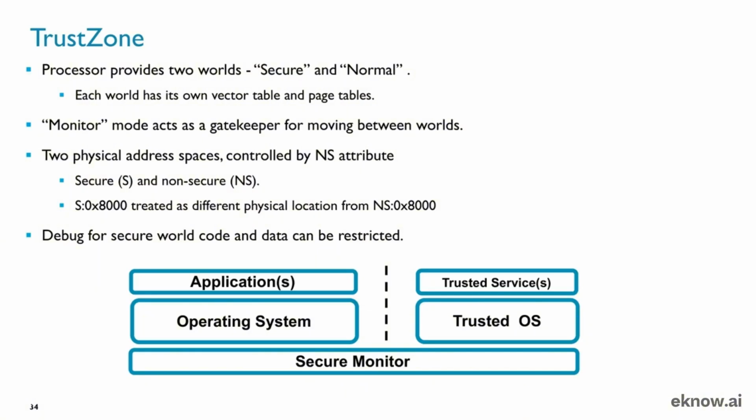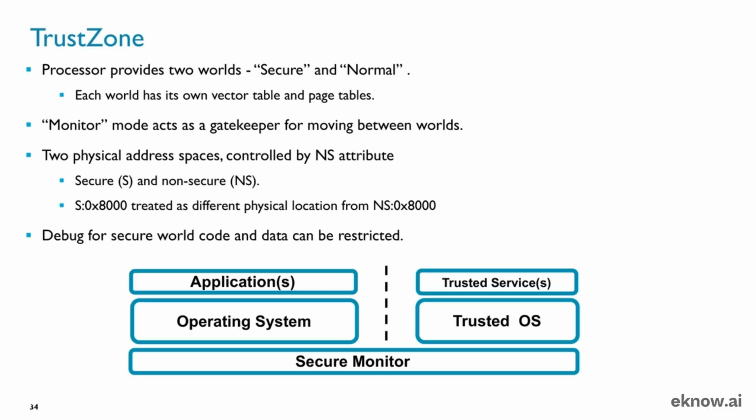This isolation is enforced at the hardware level using a special NS attribute, or non-secure bit. Every transaction on the system bus, every memory access, is tagged as either secure or non-secure. The memory system then checks this tag. If the processor is running in the normal world, it can only access memory addresses marked as non-secure.